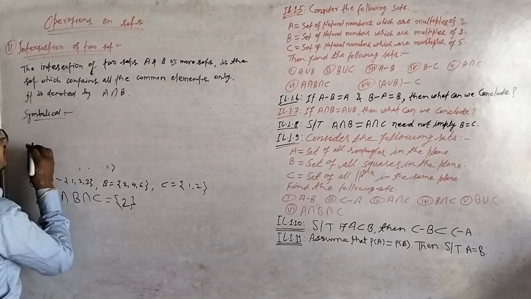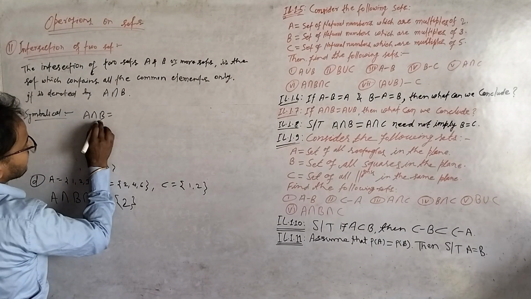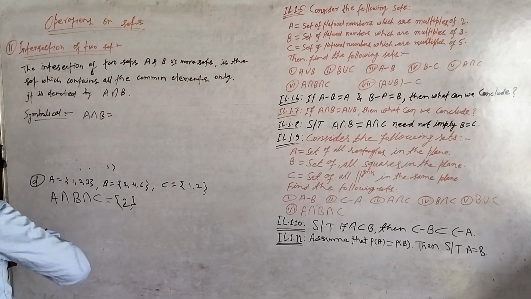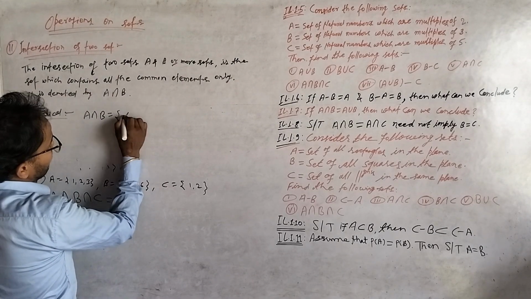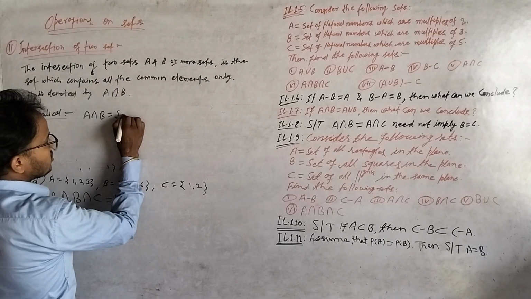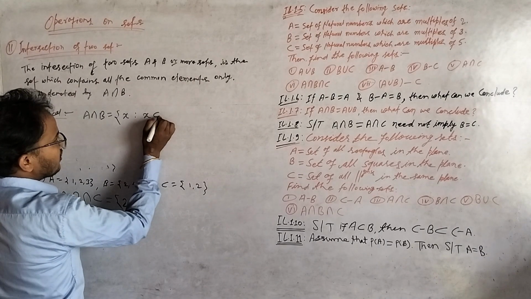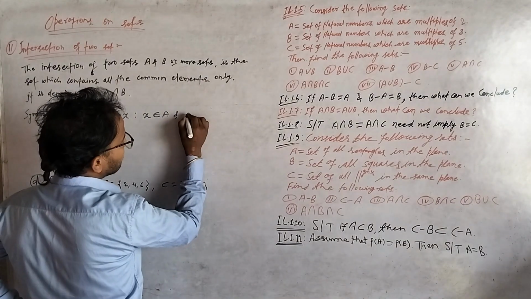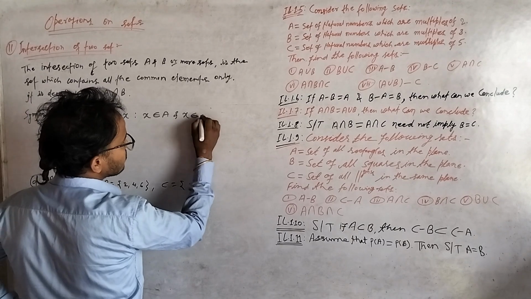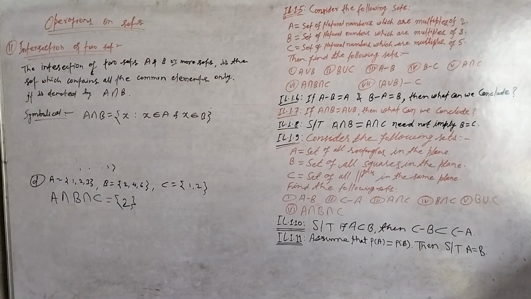Symbolically, we write: A intersection B is a new set containing those elements x such that x belongs to A as well as x belongs to B. This is our representation of sets.